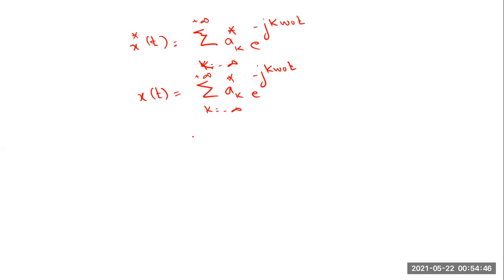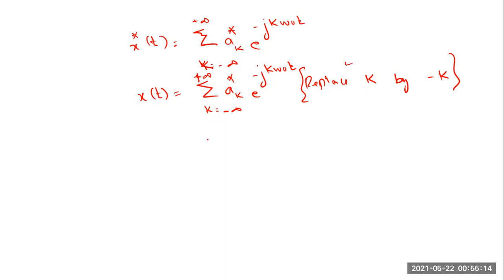Now, on the right hand side, replace k by minus k. And we can do this because the interval of summation is from minus infinity to plus infinity. So even if you change k to minus k, you can still cover the whole interval, because minus infinity will become plus infinity and plus infinity will become minus infinity.